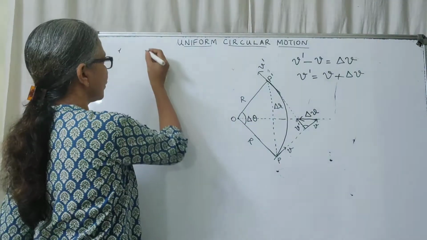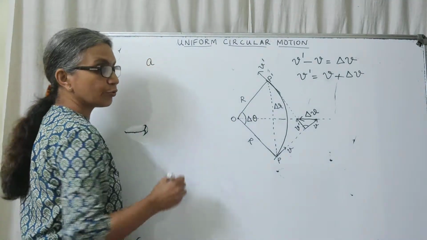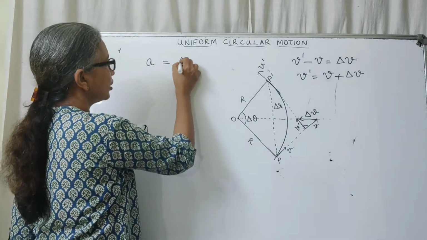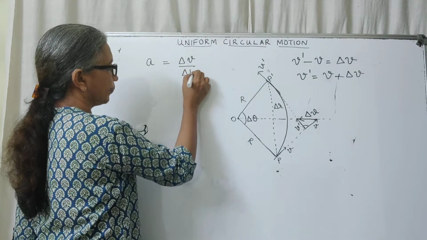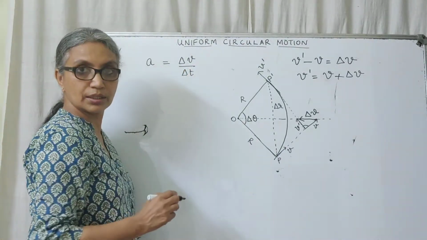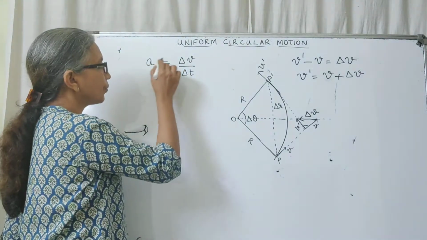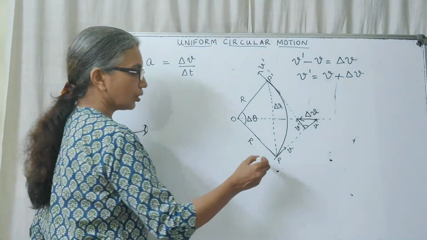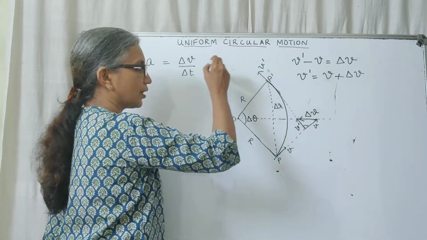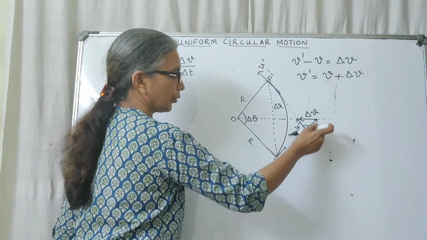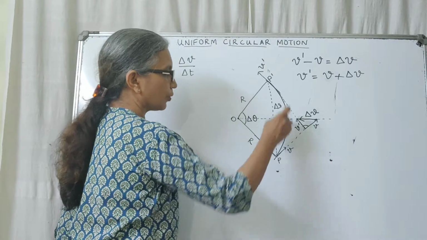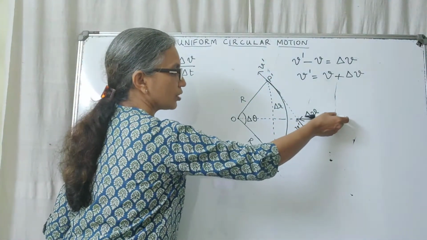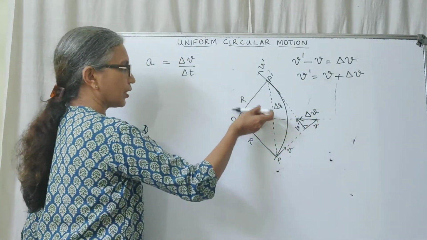Why this is important is because when we need to find the acceleration of the particle, a is given by change in velocity by change in time. Time being a scalar quantity, the acceleration of the particle will be in the same direction as its change in velocity. So as the velocity changes its direction between this position and this position in a time interval delta t, the change in velocity delta v is directed towards the center.